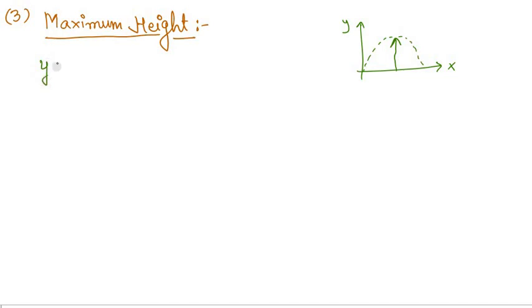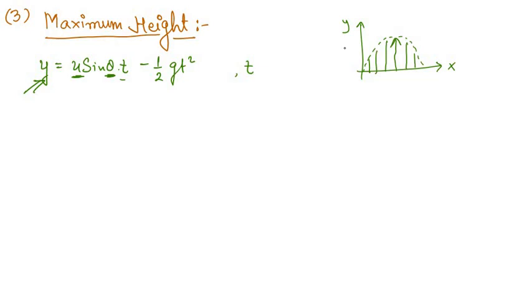Our y equation of motion is y equal to u sine theta into t minus half g t square. So for a particular value of u and theta, the height depends upon the time t, because at different time intervals the height is different. So there will be a particular time t at which y is maximum. I want to find that time t.